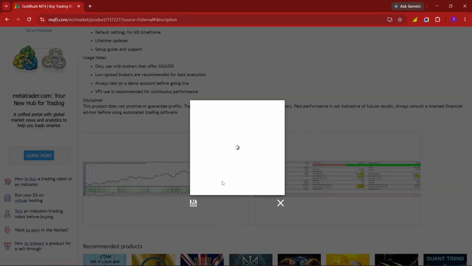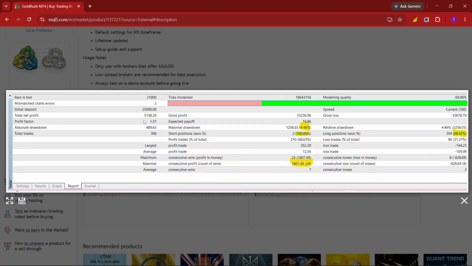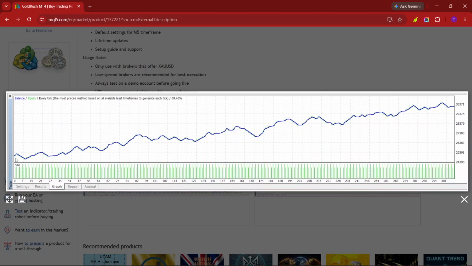And let's go over to the seller's equity curve for a check, before we talk about my backtest results. You can see here, that's the equity curve. You can see it started and then peaked. There are a few dips along the way, but overall, a steady climb upwards on the equity curve. Remember this because we'll compare it to our own backtest.